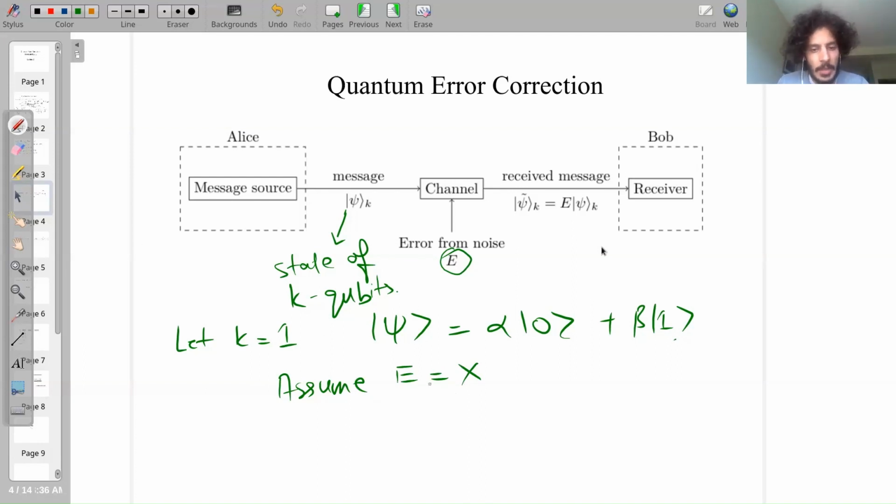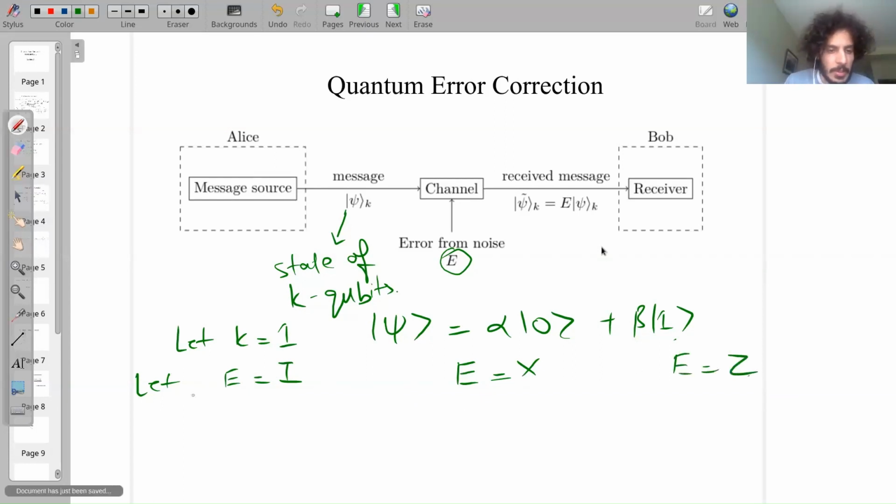Well, actually, let's go over both possibilities. So let E equal identity and E equal X. Just as an example, we can look at more possibilities. So you can see that what Bob receives is actually just psi, right?